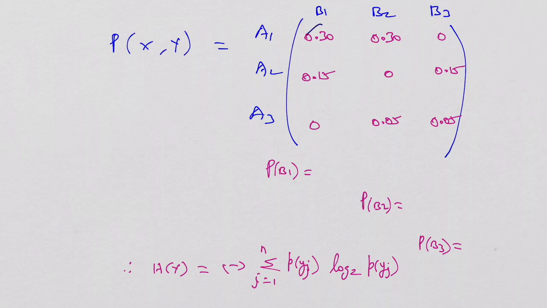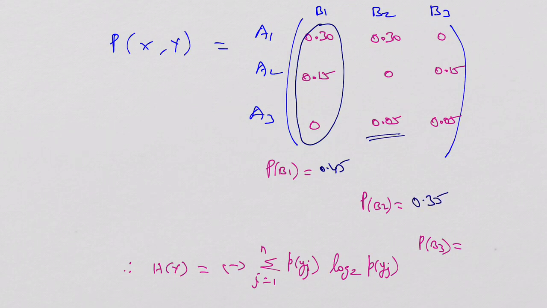From this set of values, let me conclude what P of B1 is. It is 0.45. From the second column, P of B2 is 0.35. Similarly, from the last column, it is understood that P of B3 is 0.2.